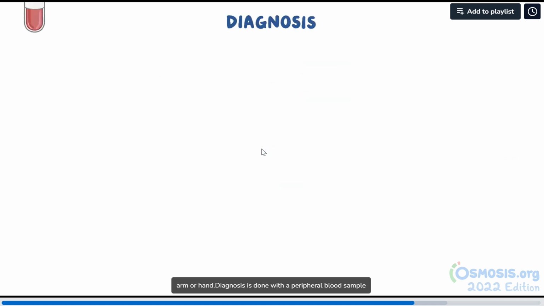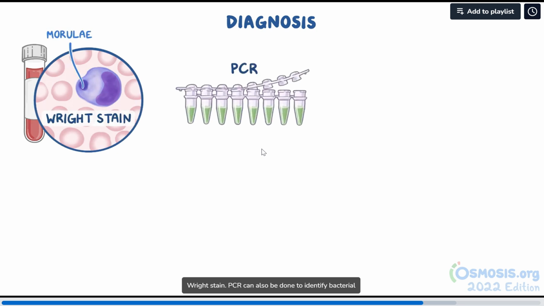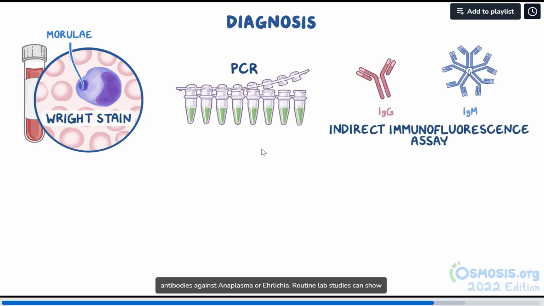Diagnosis is done with a peripheral blood sample that identifies the characteristic morulae in monocytes and neutrophils using Wright stain. PCR can also be done to identify bacterial DNA. Serological tests, like indirect immunofluorescence assay, or IFA, can be done to detect IgM and IgG antibodies against Anaplasma or Ehrlichia.